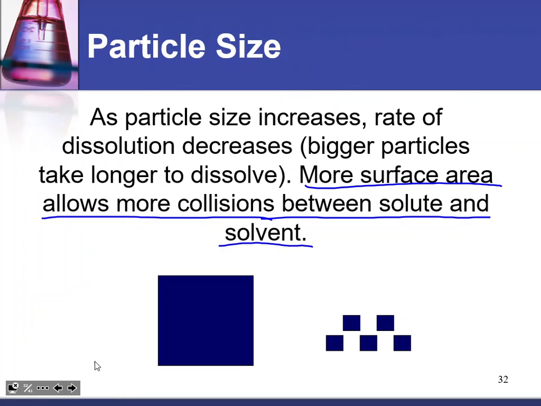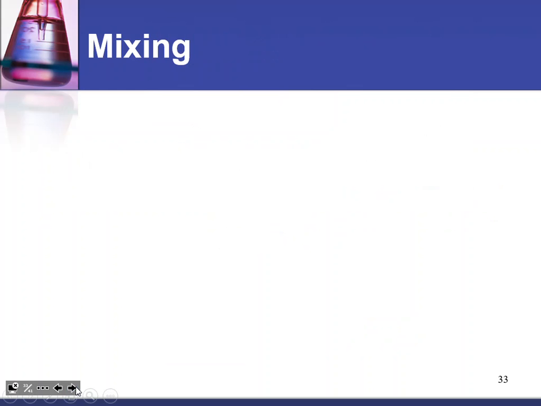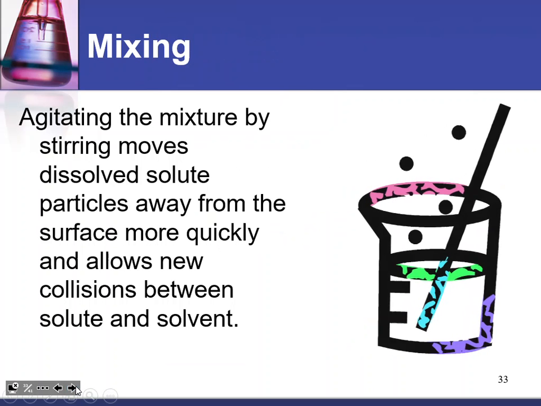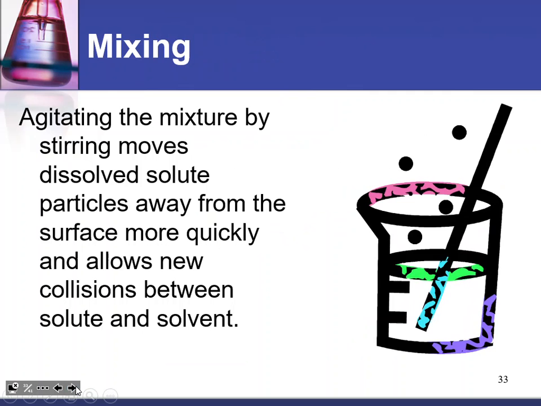All right. Let's look at mixing or stirring. Agitating makes them, of course, collide more. You mix them together. You're making the solvent and the solute collide more and mix with each other.